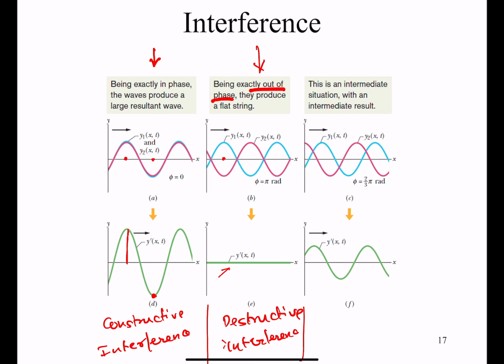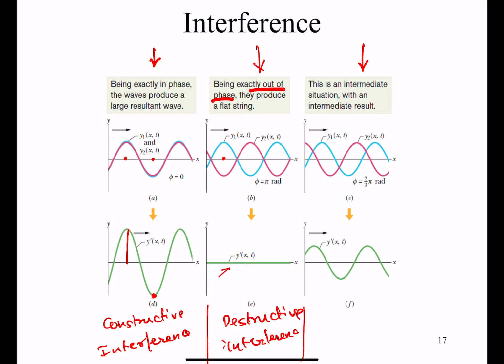Finally, here is a situation which is more common. Here you have the two waves not exactly in phase, neither exactly out of phase. So in some places the two waves reinforce each other. In other places the waves cancel each other out. In the places where the waves reinforce each other, you would get a large displacement.